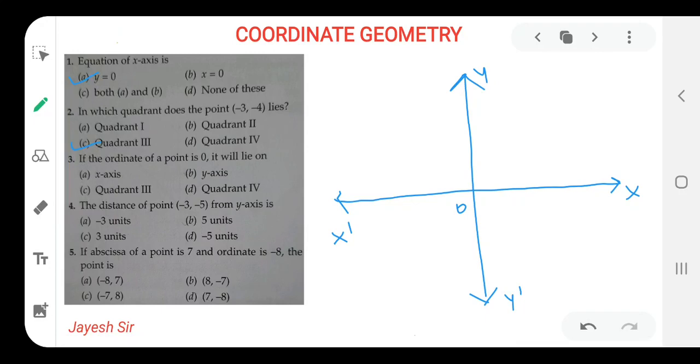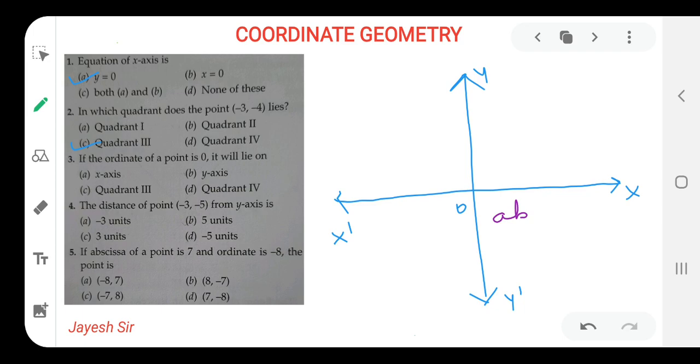Friends, in the last video I might have forgotten to share with you that the point on the x-axis is called the abscissa.